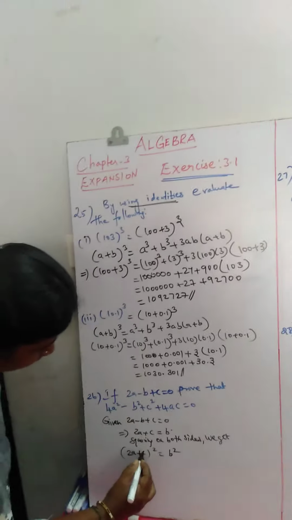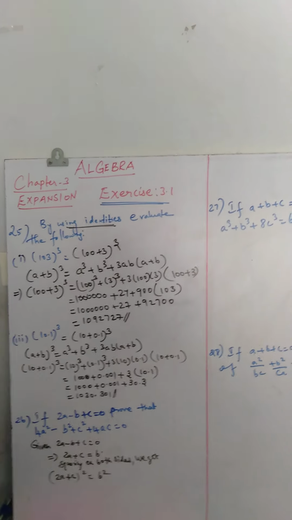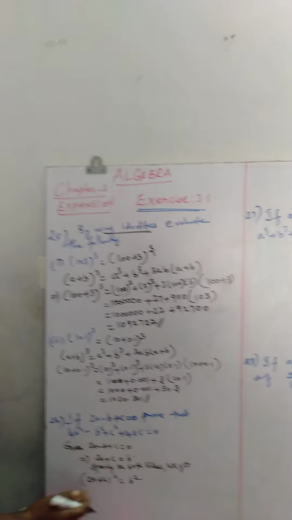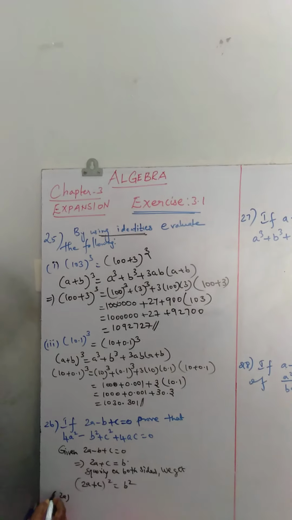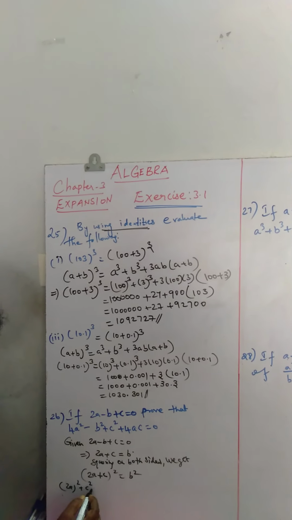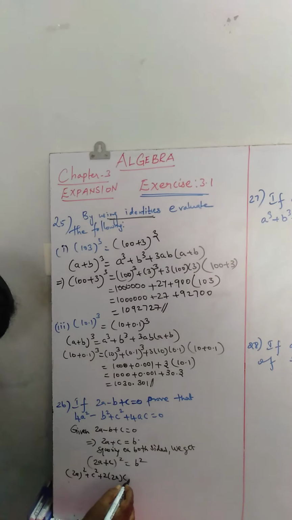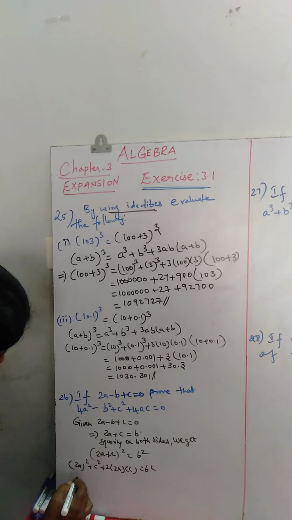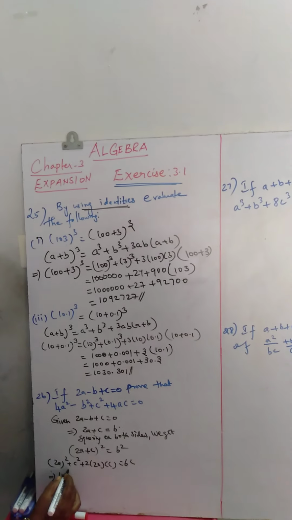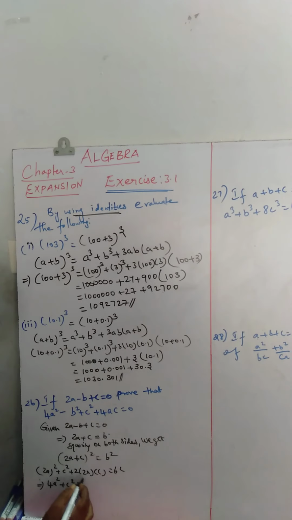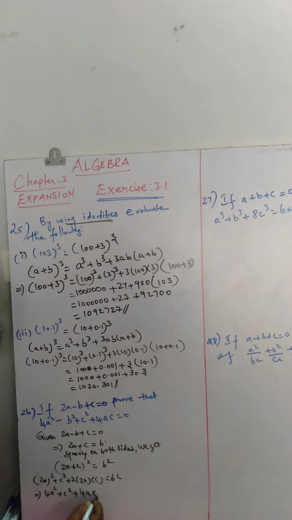So you can expand this by using the (a + b) the whole square form. Here a is 2a and b is c. So it can be expanded as (2a) the whole square plus c square plus 2 into 2a into c equals b square. So it can be written as 4a square plus c square plus 4ac.